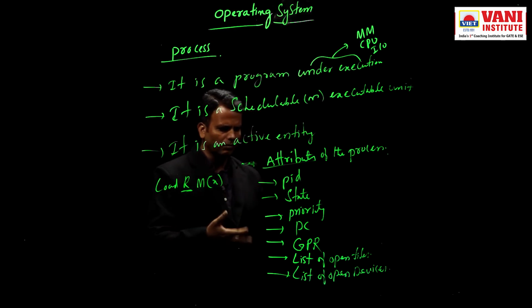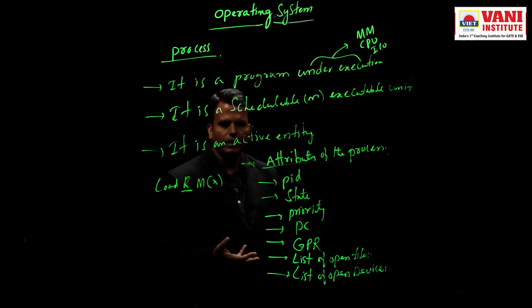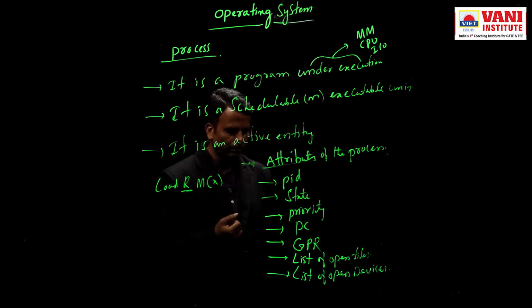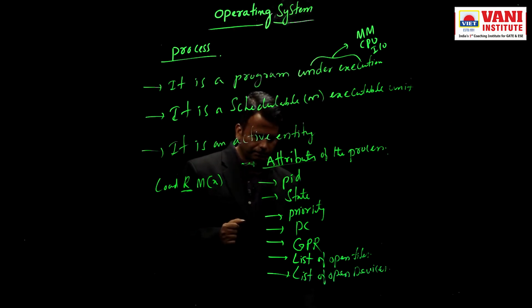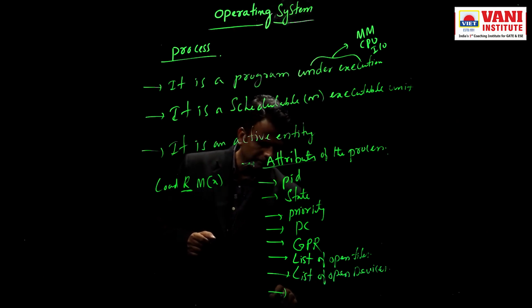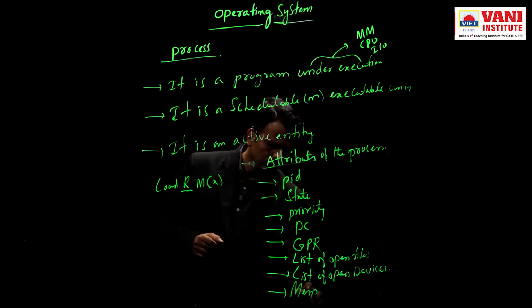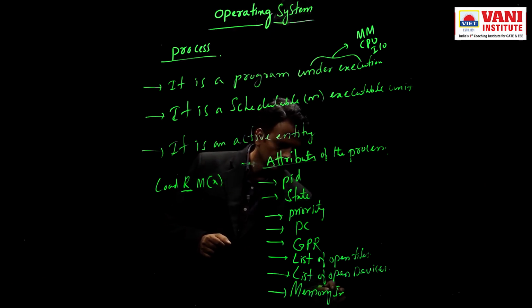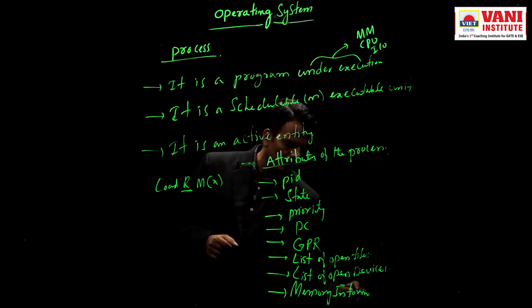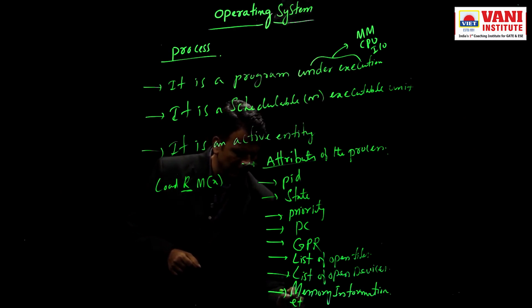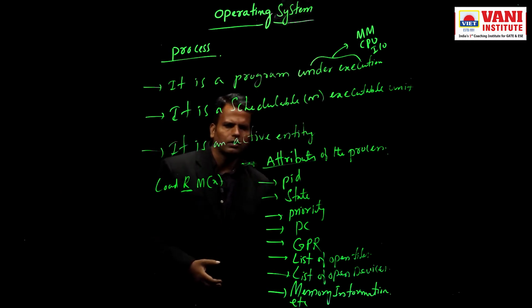At the time of execution, what are the files a process is opening, and what are the devices a process is using? That information. Okay. Memory information means how much memory it has consumed, like that. Etc. Many things are there, but these things are necessary to know.